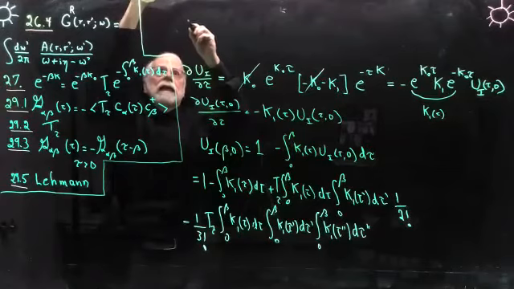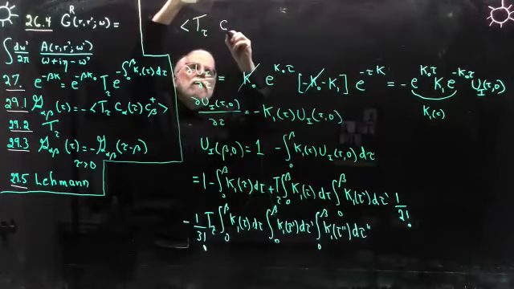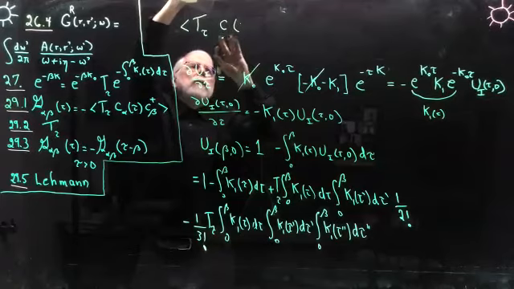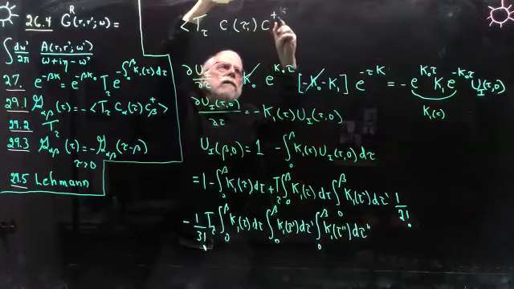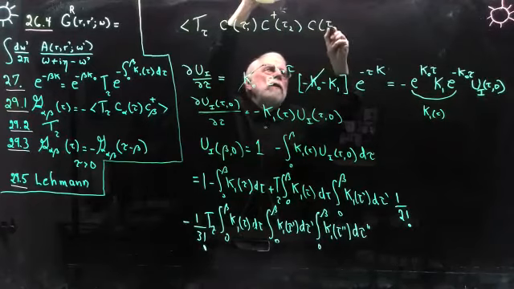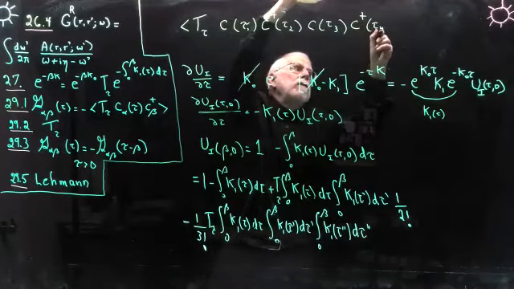So suppose that I take the expectation value of a time ordering operator T tau of C of tau 1, this is some destruction operator, forget about the label, C of tau 1, C dagger of tau 2, C of tau 3, C dagger of tau 4.